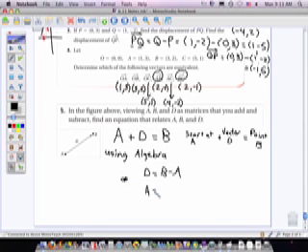Or A is equal to B minus D. We start at the head point, subtract our vector, and we get the tail point. Start at the end, subtract how much we moved, and we end up with where we started. So, okay. And there are other ones we could get to, other relationships.